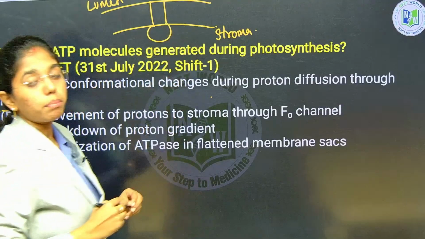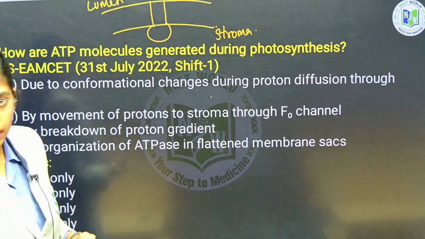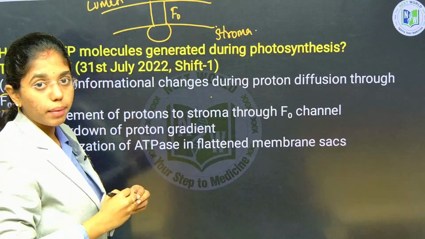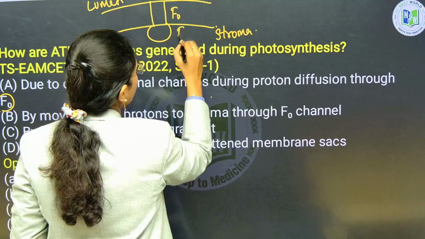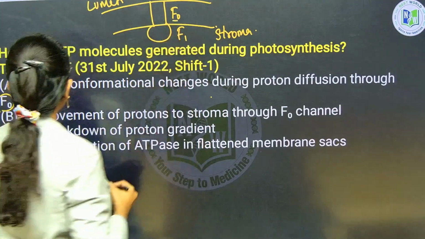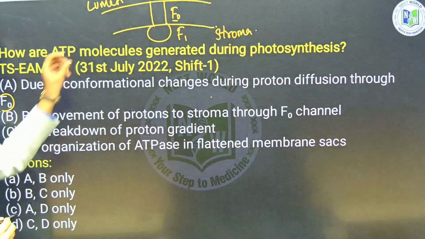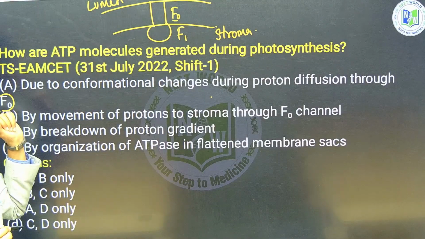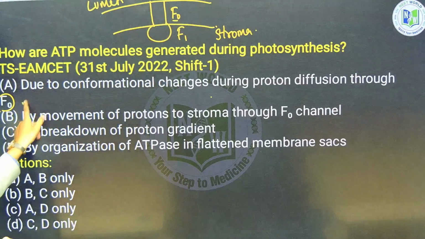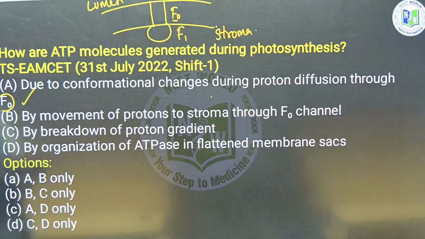F0 F1 pump is also known as ATP synthase, where F0 is embedded inside the thylakoid membrane and F1 is towards the stroma. So, here you see F0 is embedded inside the thylakoid membrane, of course it will show the conformational change during proton diffusion. True.